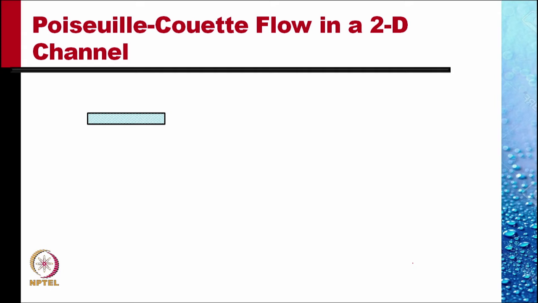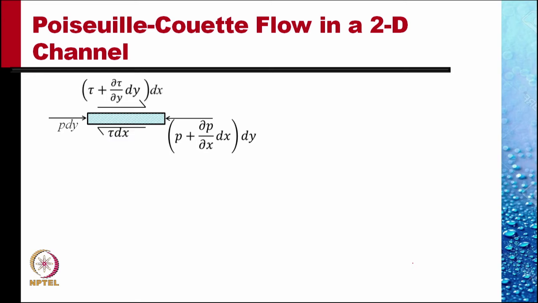Let's take this out. There is a pressure force P dy acting on this face. By Taylor's expansion, the force on this face is P plus delta P by delta x into dx into dy. There is shear stress tau dx on this side. There is shear stress by Taylor's expansion tau plus del tau by del y into dy into dx on this side.